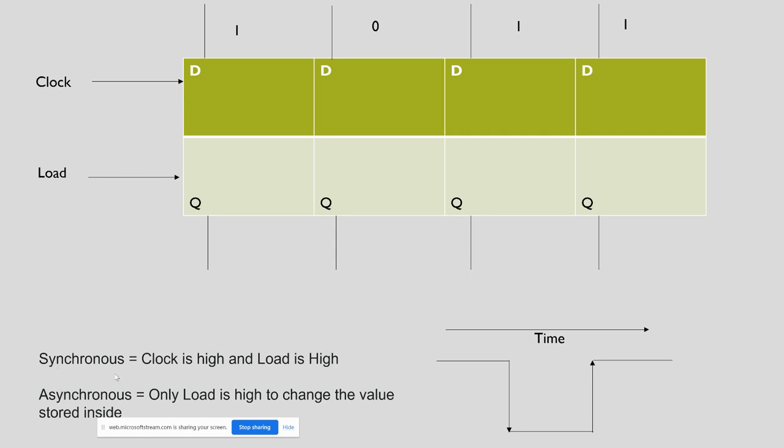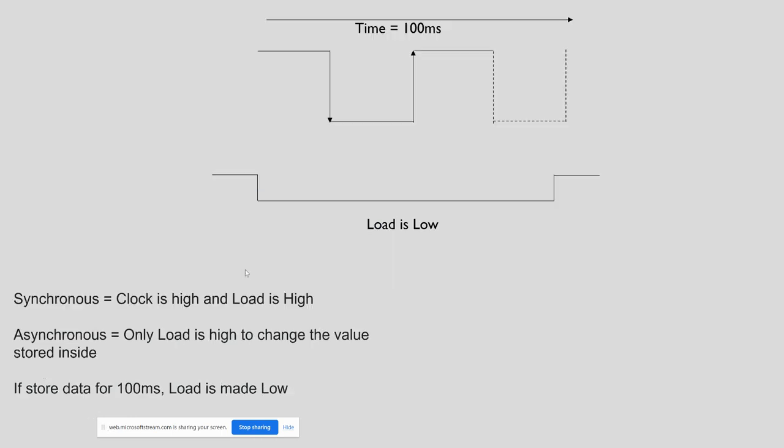So we have synchronous and asynchronous. Synchronous means that when the clock is high and load is high, only then is the value stored inside changed. So let's have a look at what that means.